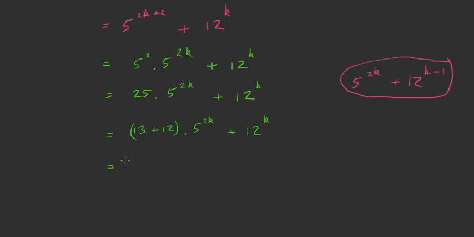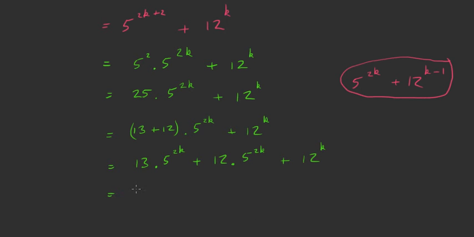If I multiply that out, I get 13 times 5 to the power of 2k plus 12 times 5 to the power of 2k plus 12 to the power of k. Okay, so I know this part here is divisible by 13. This isn't obviously yet, but maybe these two together I can do something with.